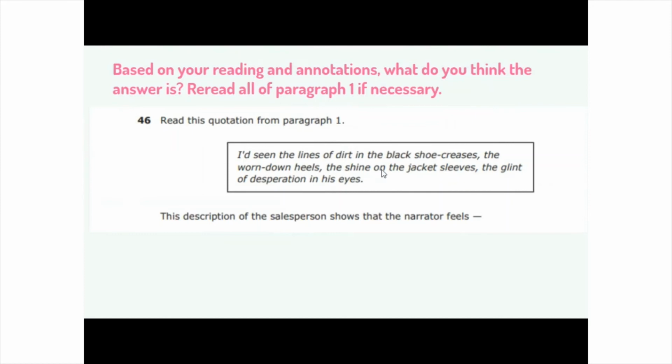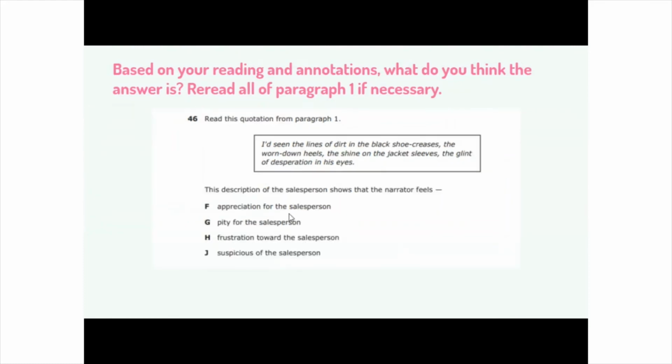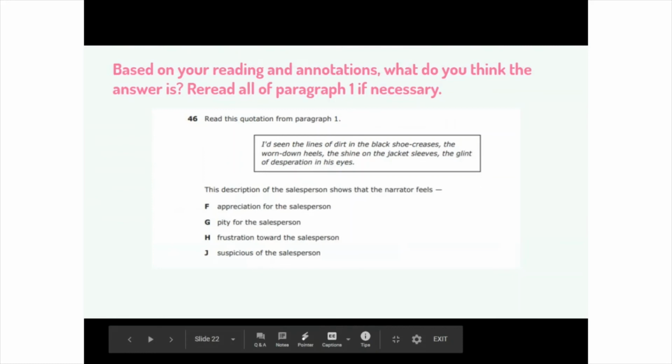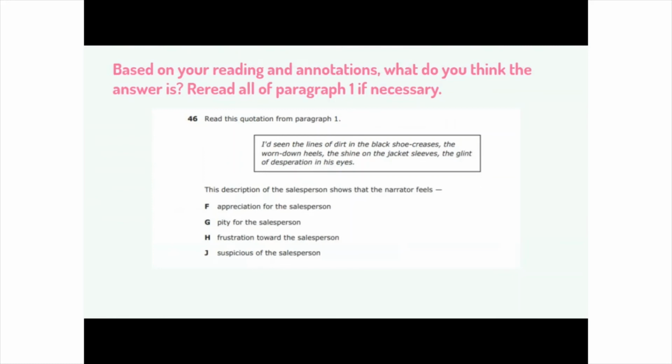These are negative words, right? So based off of that, let's look at our answer choices. We have appreciation, pity, frustration, or suspicion. Before we choose the correct answer, which one can we eliminate immediately?